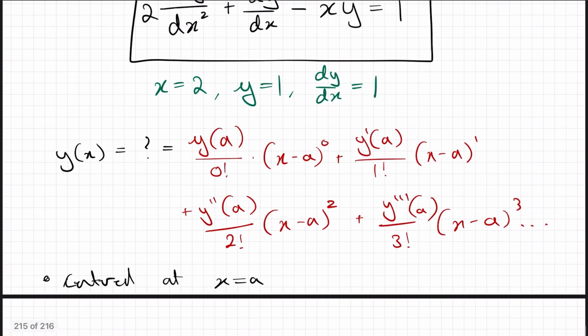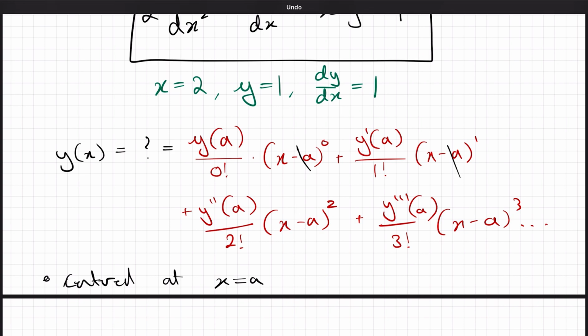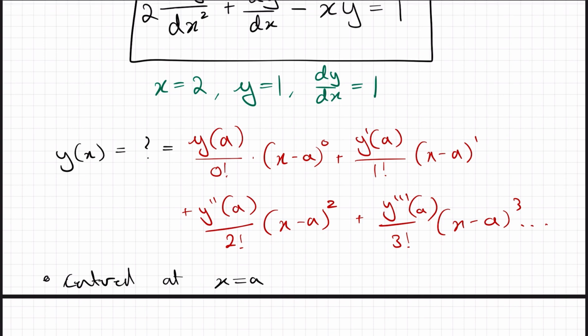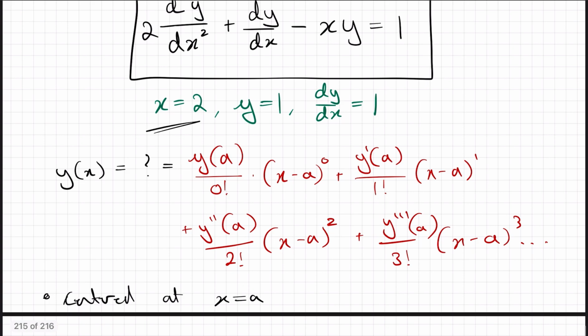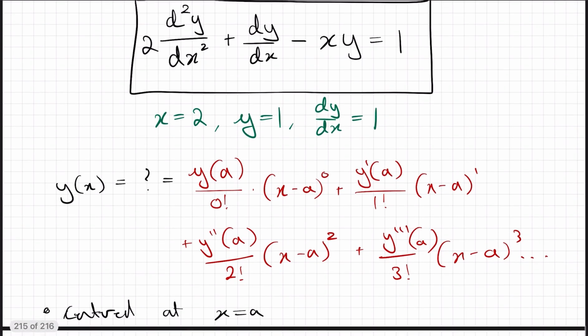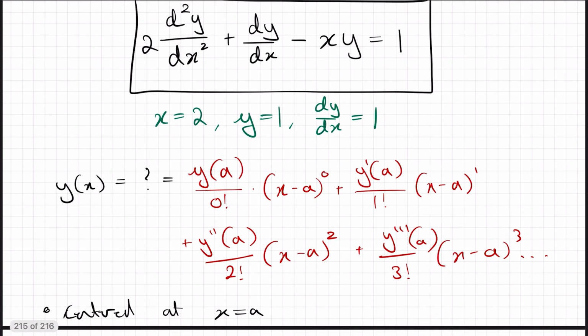So you can see if this was a equals 0, this would be centered at x equals 0, which would mean all these terms just disappear. These will just become 0, and this is just a familiar Maclaurin series, which I'm sure you have worked with before. But we've centered at x equals a because here you can see our initial conditions are x equals 2. So we have to center this at x equals 2.